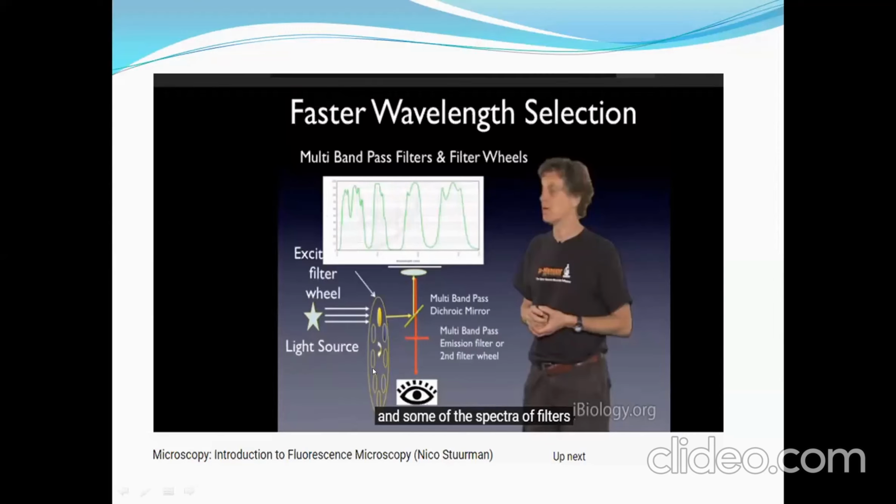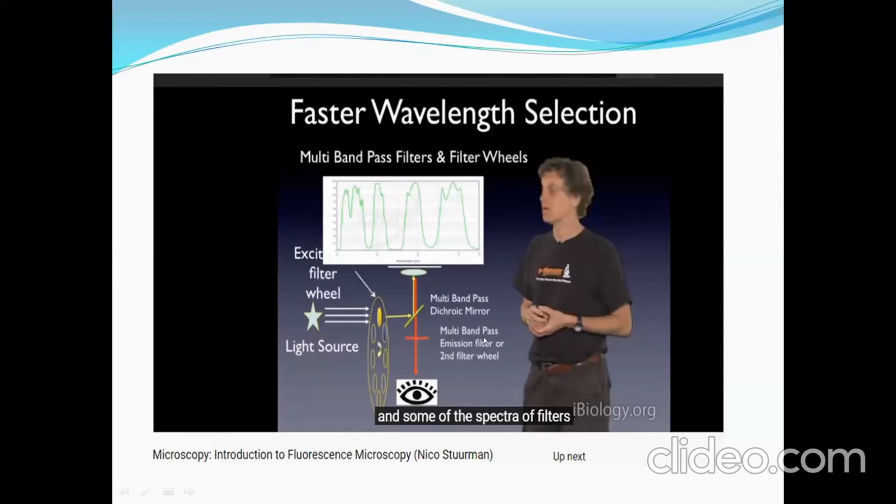So we are using an excitation filter wheel over here, where different types of filters are present to select a particular excitation wavelength, and you may use a multi-band pass dichroic mirror, and you may use the multi-band pass emission filter or a second filter wheel also.